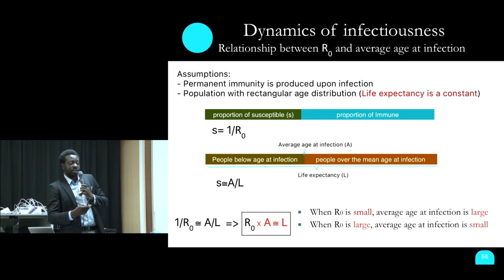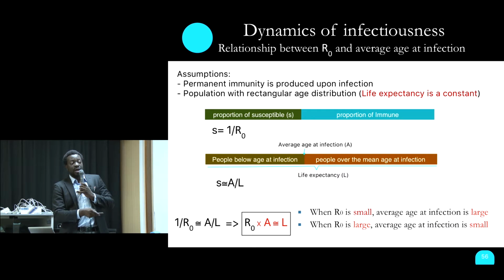This shows us something very interesting. Remember, we said that life expectancy is a constant. So a constant doesn't change over time. It remains the same. So if R naught is small, to keep this the same, the average age at infection should become large so that life expectancy is kept constant.